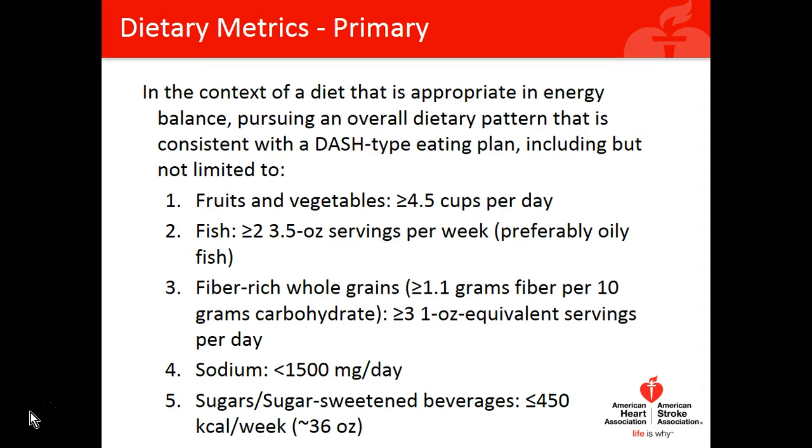So keeping that in mind, that goes back again to the levels of ideal compared to attainable, and this is really meant to show where we want people to be for optimal or primordial prevention of cardiovascular disease.